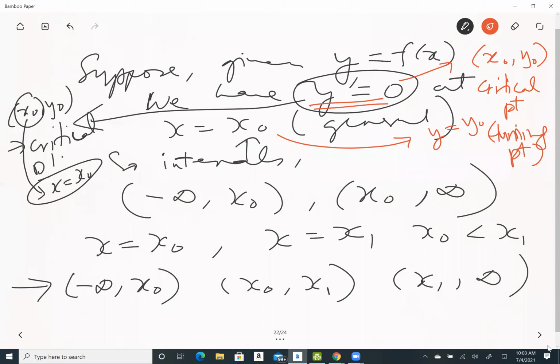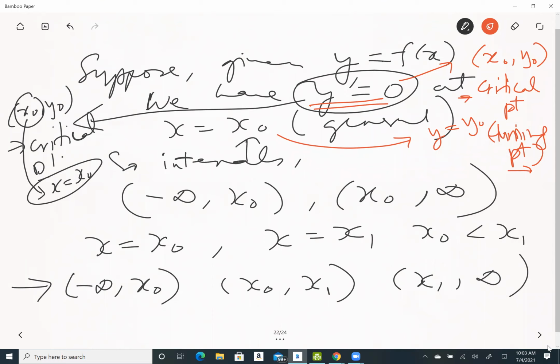So that is where you make a turn. If you look at the mountain, where you reach the peak, after you go up and then you have to go down. So that is a turning point. Or if you look at a valley, you go down, you reach the bottom, and then you go up again. So either we can call it the critical point or turning point.